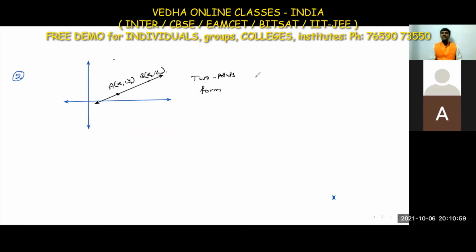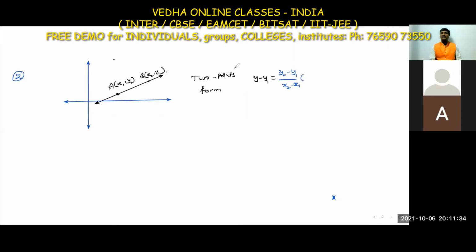What is the formula for finding the equation? Sir, this is the fourth form, right? Yes, the fourth one. It is like y is equal to mx only, but y minus y1 is equal to m into x minus x1, like the previous formula. What is m? We have the slope formula for 2 points: y2 minus y1 divided by x2 minus x1.